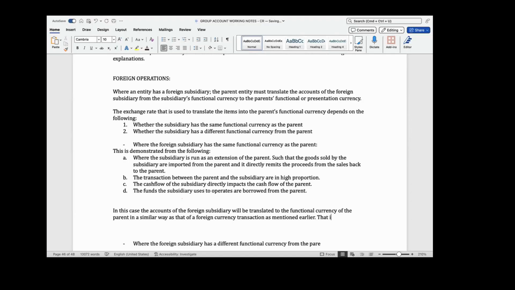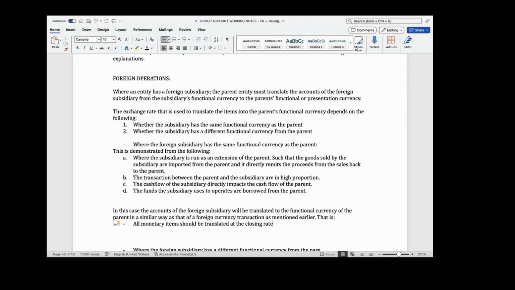That is, all monetary items should be translated at the closing rates, while all non-monetary items should be translated at the historical rates.